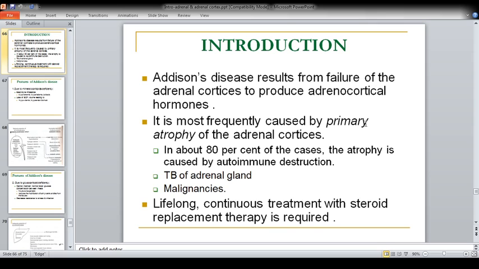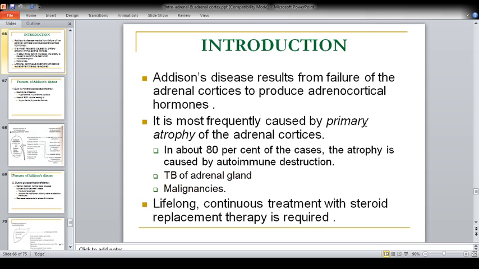It may also involve other glands. It could happen at any place. The granuloma formation could start happening at any place in the body. So if TB of the adrenal gland occurs, it would destroy the normal structure of the adrenal gland and disrupt its normal function.